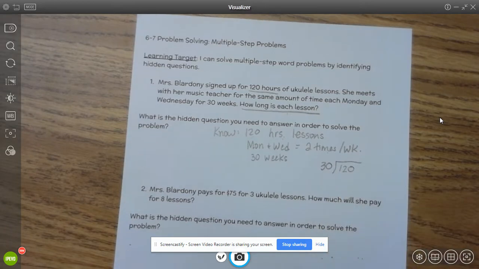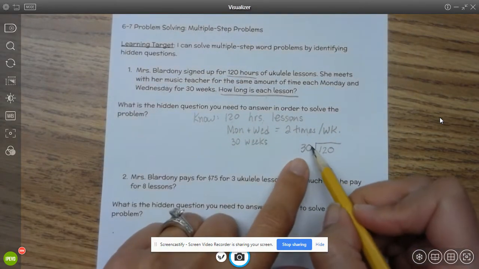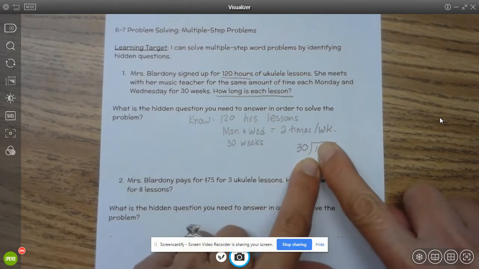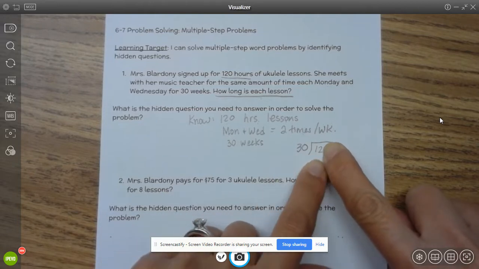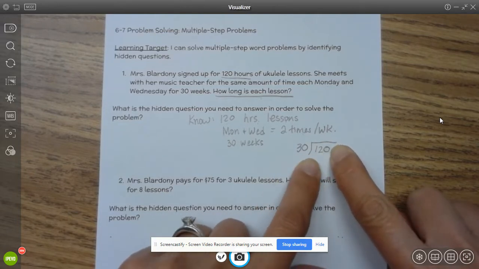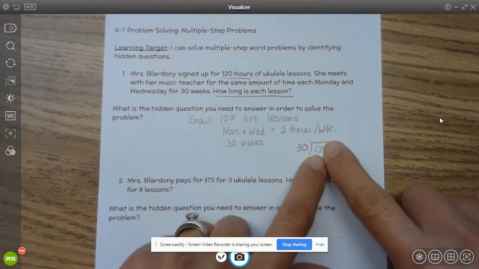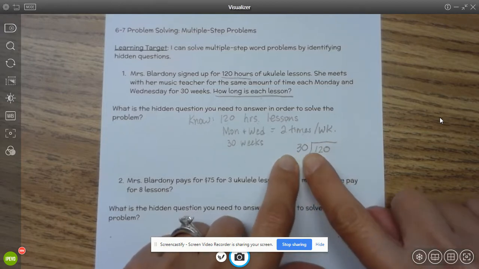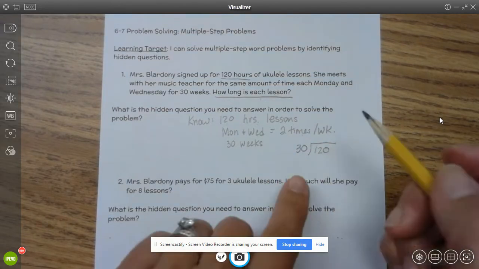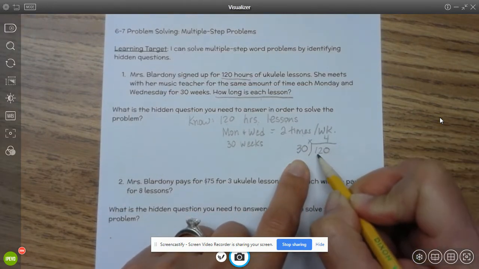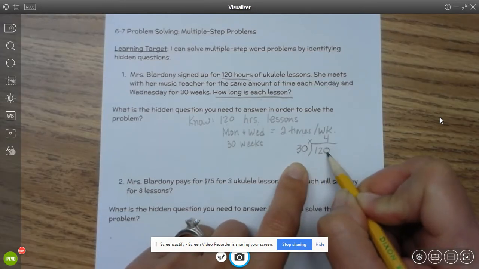So I set up a division problem, and now I can do my mental math in order to solve. And again, I've showed you before, 30 cannot go into 1. 30 cannot be divided into 12, but 30 can be divided into 120 using mental math, right? We think 3 times what number makes 12? 3 times 4 is 12, and then our zeros sort of cancel one another out. So I'm going to put the 4 here because I needed all 3 numbers in order to make this division happen.